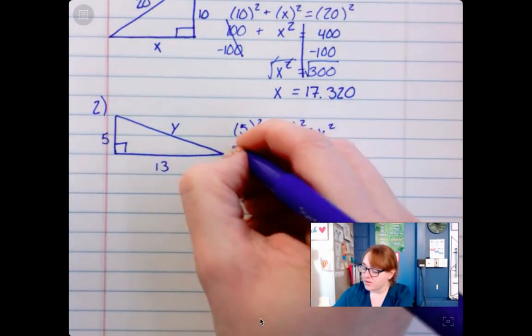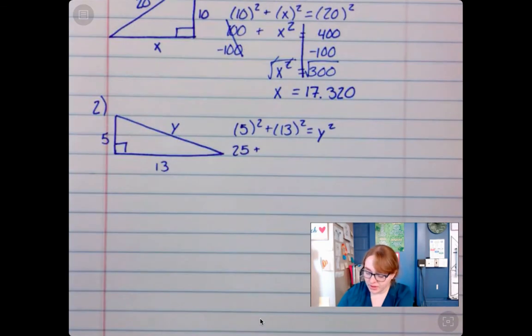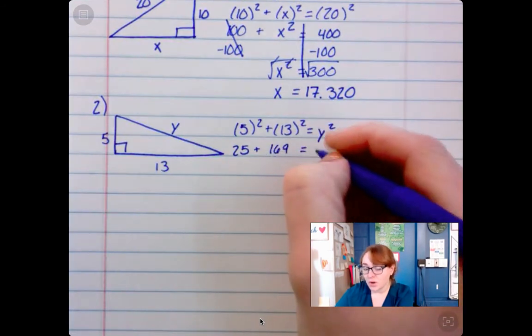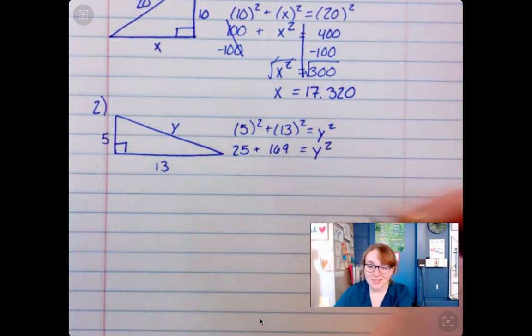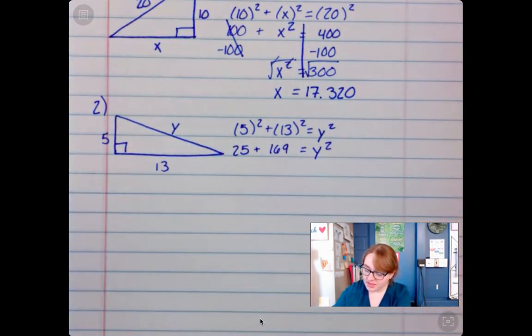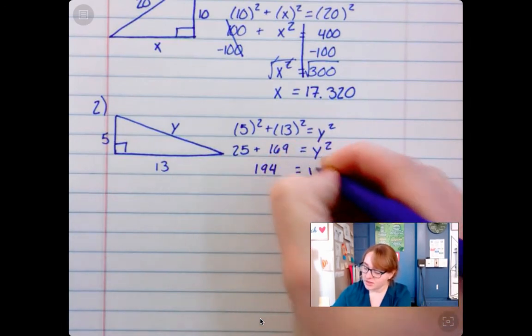5 times 5, or 5 squared, gives us 25. 13 squared, or 13 times 13, gives us 169. And y times y, or y squared, gives us just y squared because we don't know what y is. 25 plus 169 gives us 194 is equal to y squared.